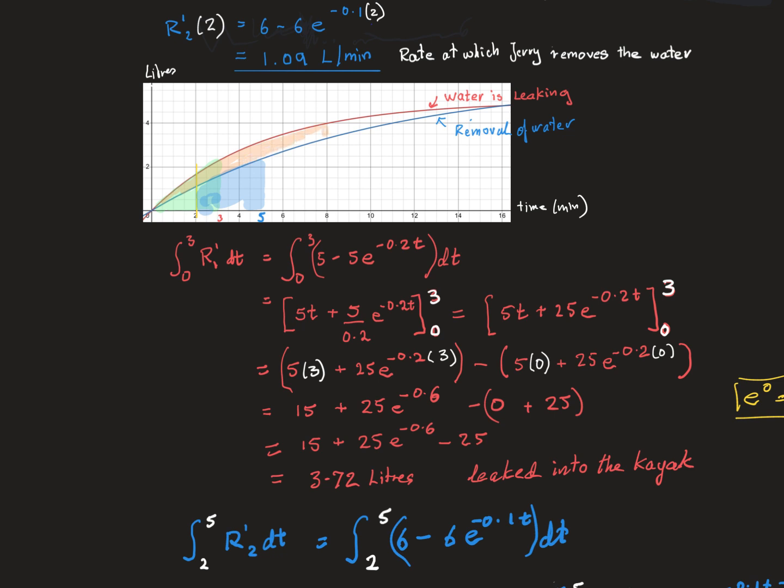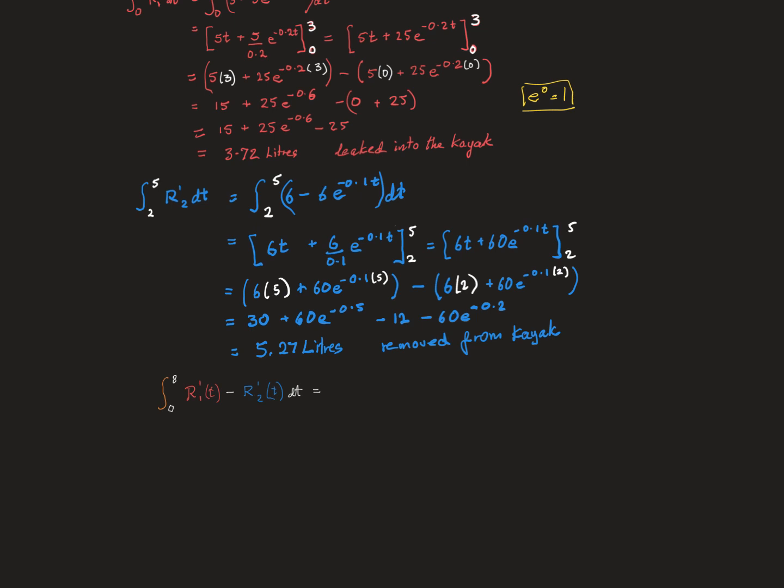Is this the area that we're looking for? So we need to calculate this area, which is R1 take away R2. To find that integral, we could take away R2 from R1 and do the calculations, or we could use the integrated equation for R1 and separately take away the integrated equation for R2.